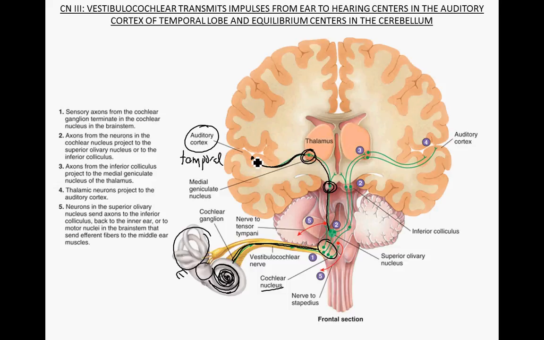There would be a similar pathway down the vestibular part if you're dealing with equilibrium, and those fibers would synapse with nuclei here, but then end up in the cerebellum. Not shown necessarily on this diagram here. So the cerebellum is going to be the place where your body is processing the sense of balance.